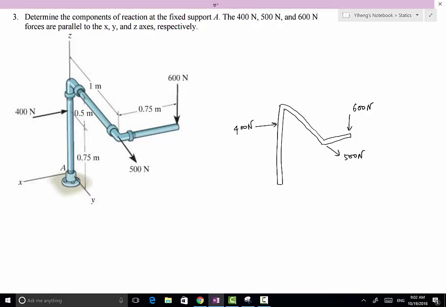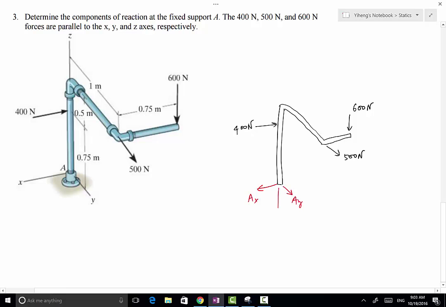For that reason, it provides all 6 support reactions, namely the force along the x direction, the force along the y direction, and the force along the z direction, but also the moment about the x-axis, the moment about the y-axis, and also the moment about the z-axis. And again, we have one 3-dimensional rigid body free body diagram, which enables us to solve for a maximum of 6 unknowns, and that's exactly what we have.